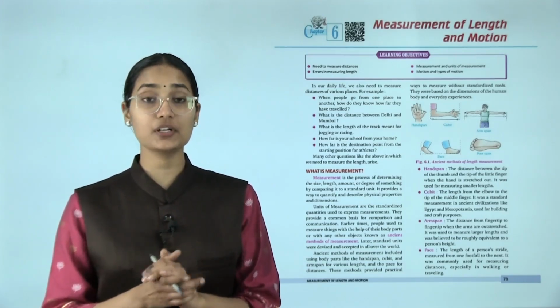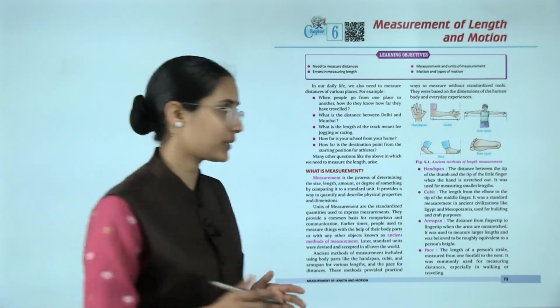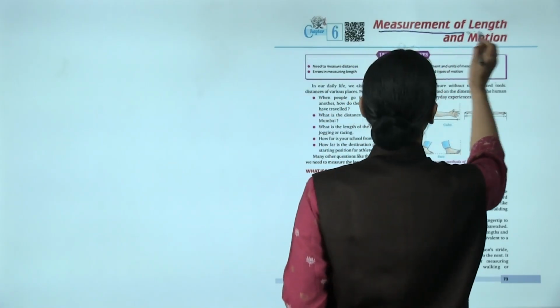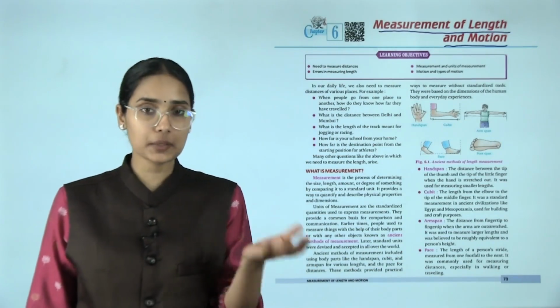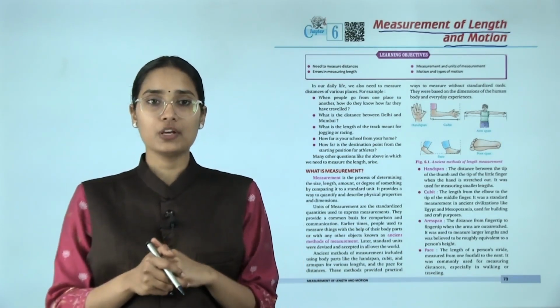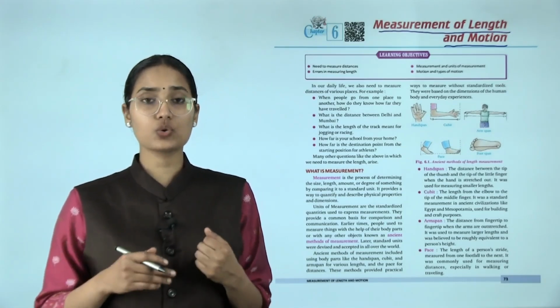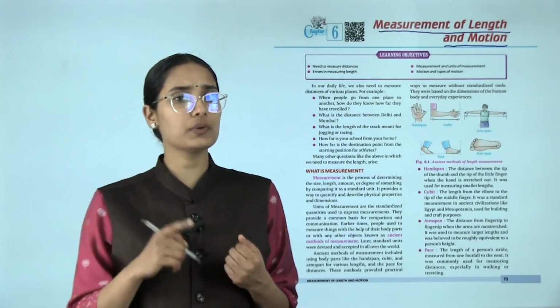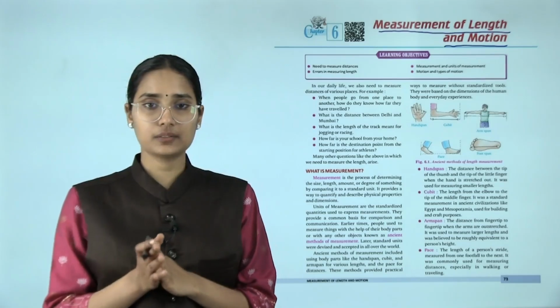So today in this chapter, we will learn about measurement of length and motion, okay? Students, we will learn about how lengths are measured and how motion, how the movement, is measured. Firstly, we will need to measure distances, so we'll understand how we can measure distances and what the different measurement units are.